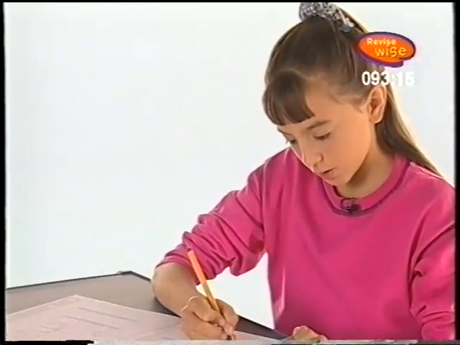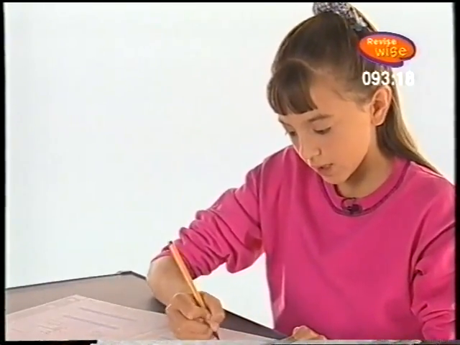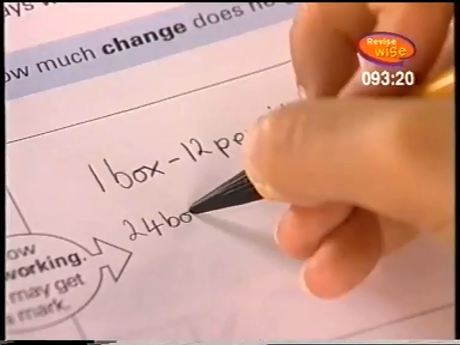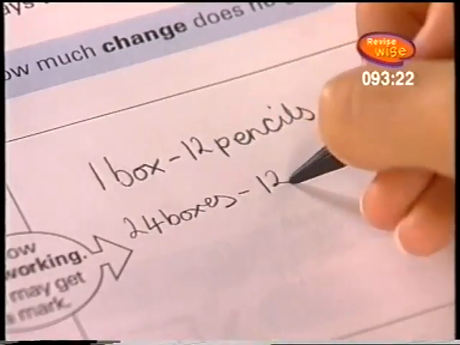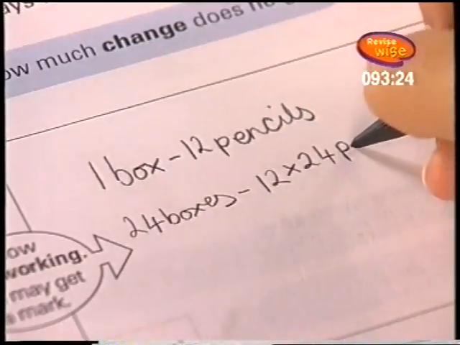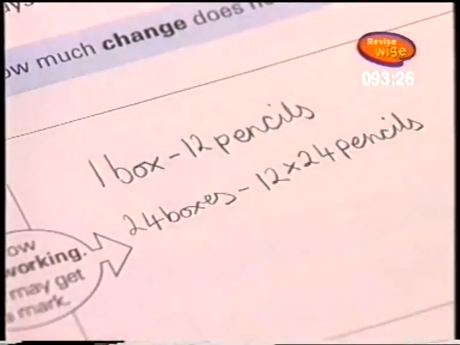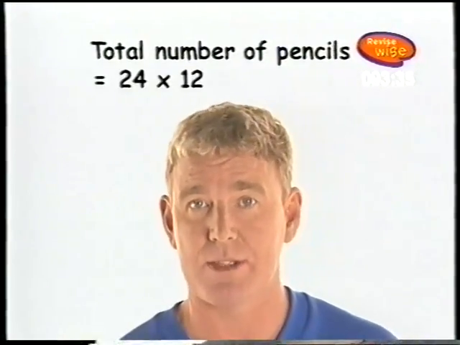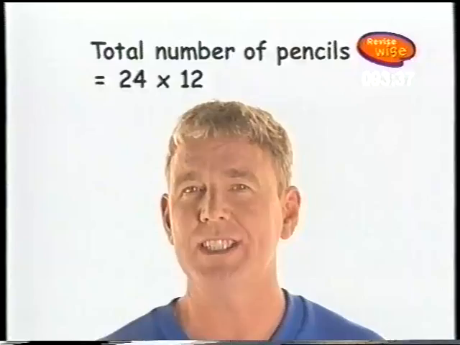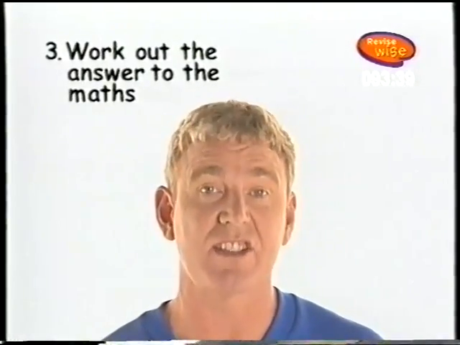One box, 12 pencils, 24 boxes, 12 times 24 pencils altogether. So we've worked out what maths to use. It's multiplication. And the sum is total number of pencils equals 24 times 12. On to step 3 to work out the answer to the maths.